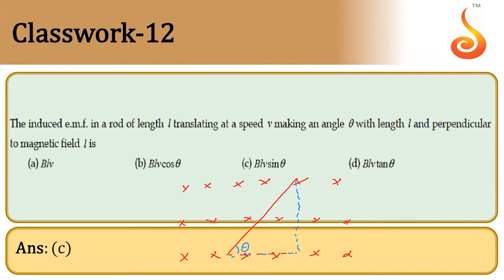Now, it is moving like this. So you have to take the perpendicular length, L sin theta equal to L dash. Induced EMF equals BVL dash, that is BVL sin theta. You have to take the length perpendicular to velocity, or velocity perpendicular to length.